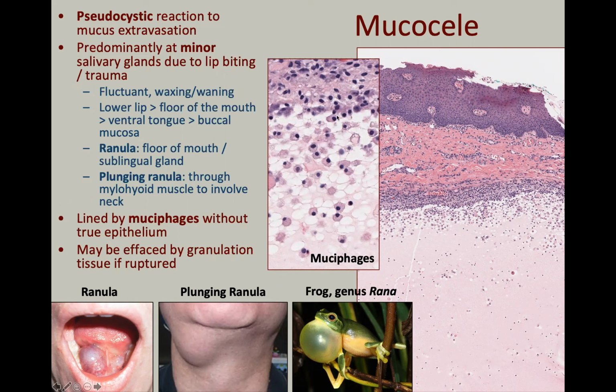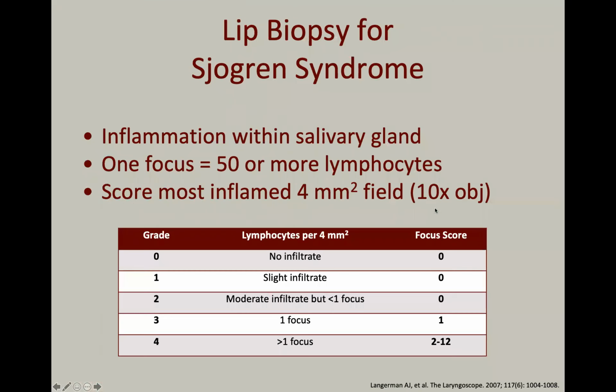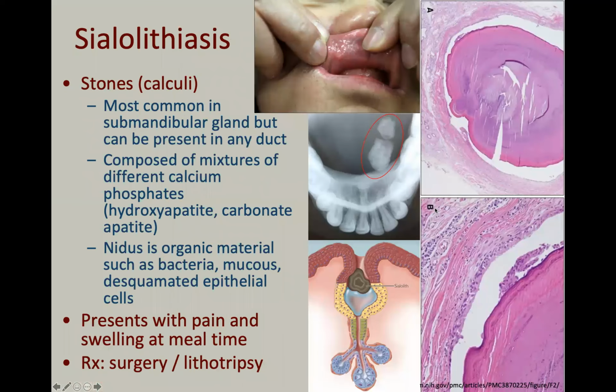So these are basically just pseudocystic spaces containing mucin, lined by these small macrophages that digest the mucin, or mucophages. The next benign thing is a stone, right? A sialolith, or I should say the next non-tumor thing. So this is most common in the submandibular gland, but can really be present in any duct of any salivary gland.